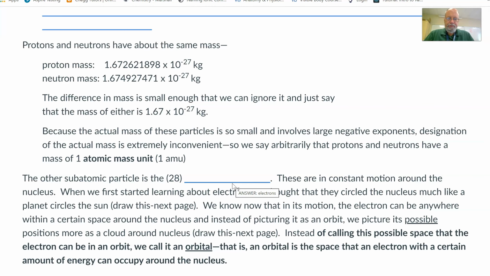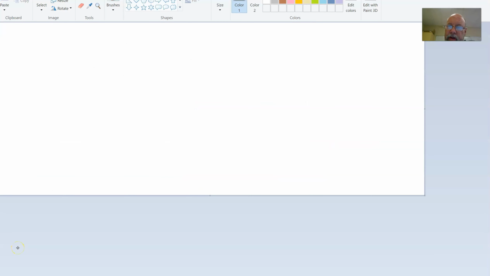Here's what I want you to draw. You may have to find some space on the diagram. Just a quick illustration of this. On one side of the diagram, we draw our standard picture of an electron orbiting a nucleus. On the other side, we want to picture the electron as most likely being within this muddled space around the nucleus.